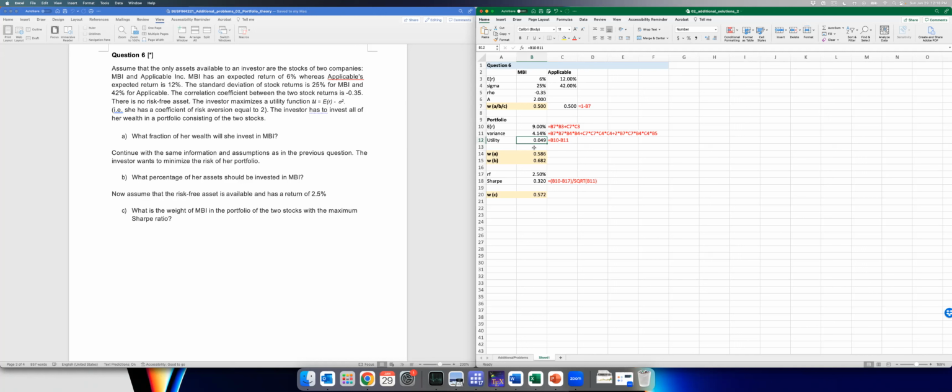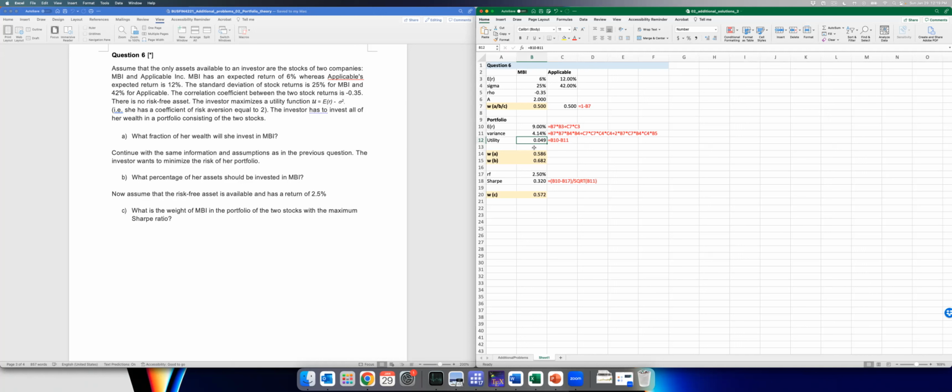But remember that this is not the optimal portfolio weight. 0.5 is just a number that we pretended is the correct answer, to see what the utility function level is. To find the optimal portfolio, we need to find the optimal W that maximizes utility.